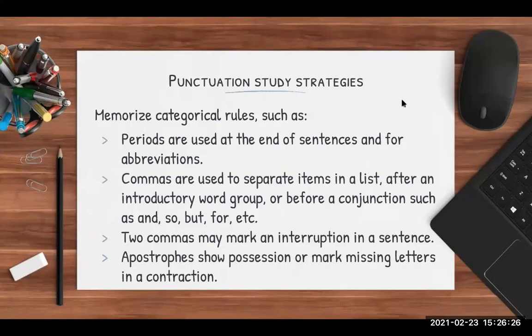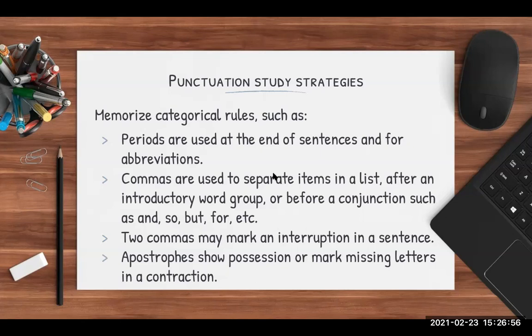Some study strategies for punctuation questions include memorizing categorical rules, such as periods are used at the end of sentences and for abbreviations. Commas are used to separate items in a list, after an introductory word group, or before a conjunction, such as and, so, but, for, etc. Two commas may mark an interruption in the sentence.